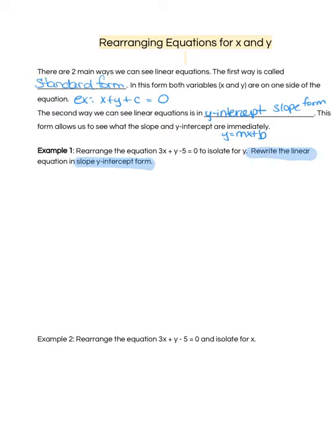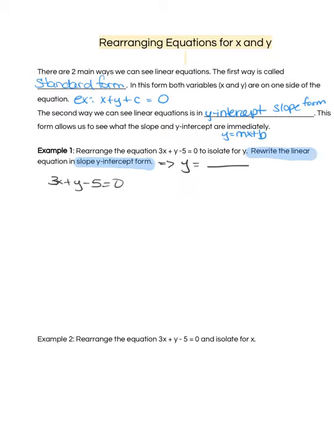And I'm asking you, or us, to rearrange this so that it's in slope-intercept form. And this means I want a y equals equation. So I start with my 3x plus y minus 5 equals 0. And I know that I want y equals, so I want my y to stay on my left-hand side. So we're going to move everything else that's not a y to the right-hand side of the equation.